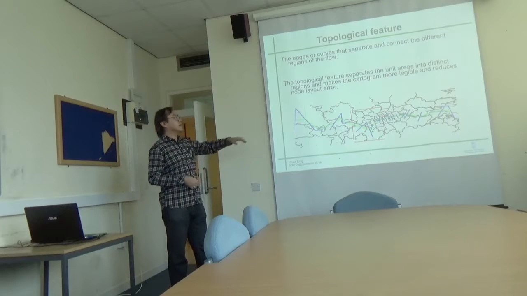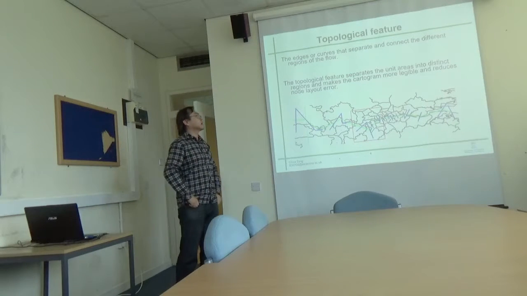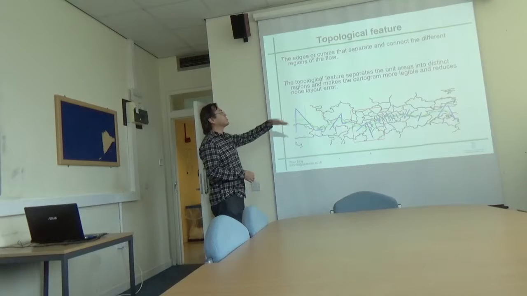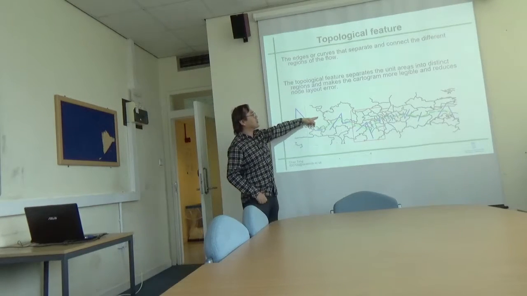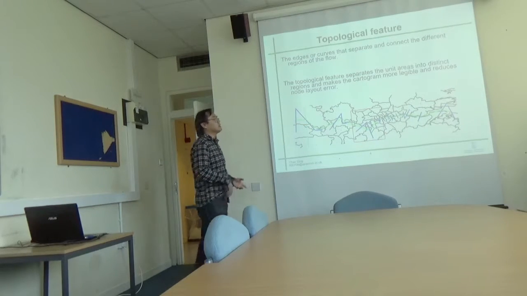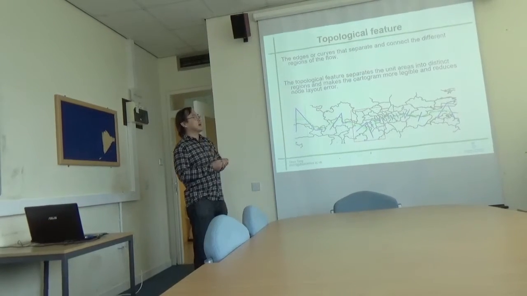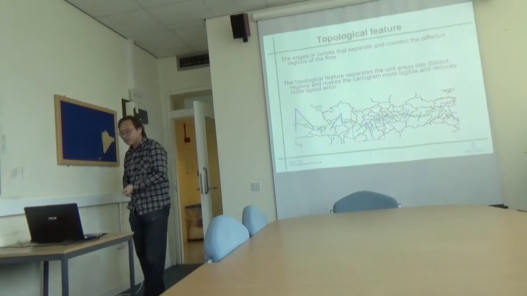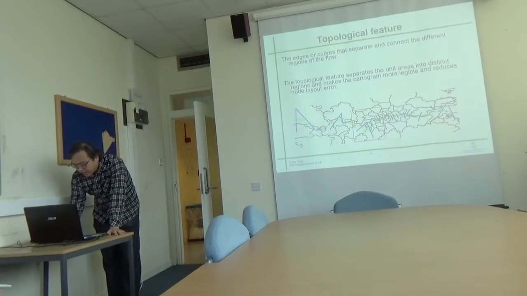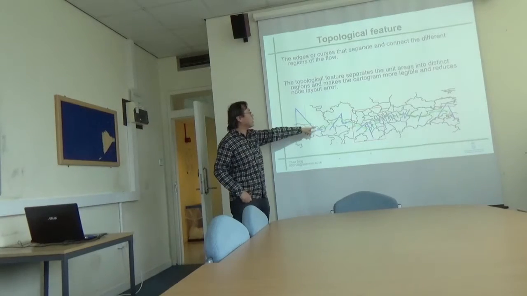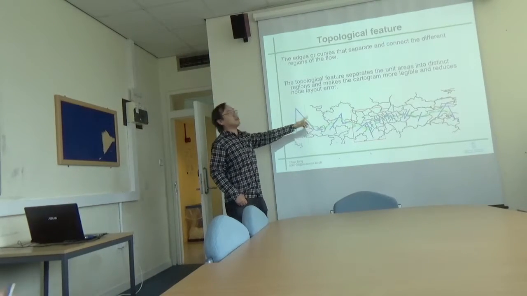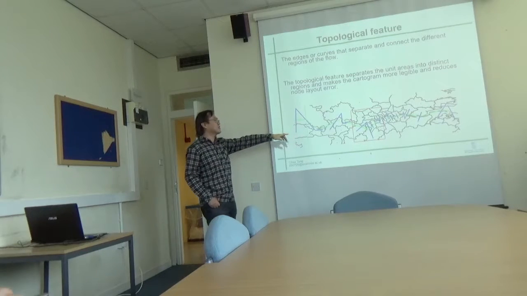In our project, we use a topological feature that separates the unit area into different regions and makes the cartogram more legible and reduces the error. You can see the green line is the topological river feature we used.